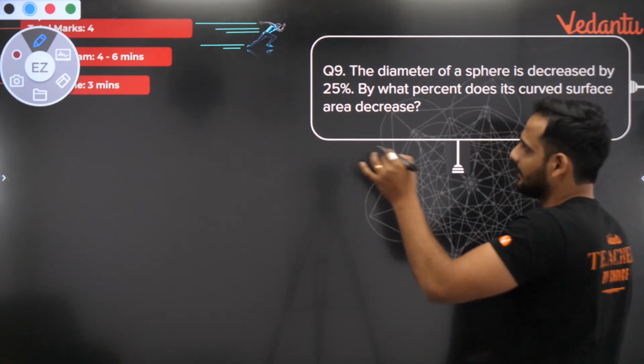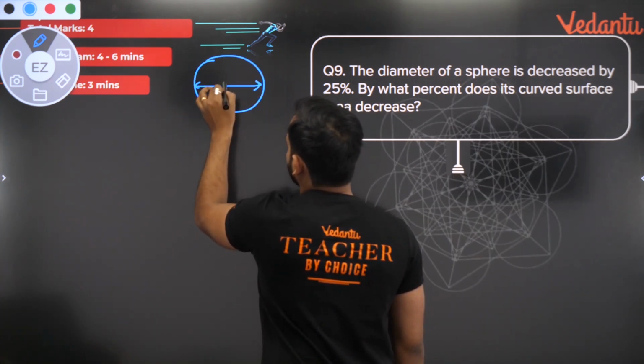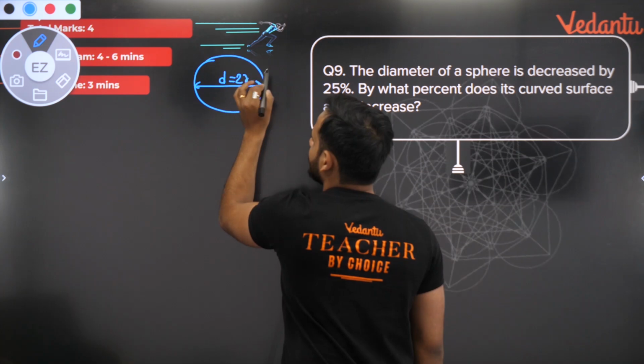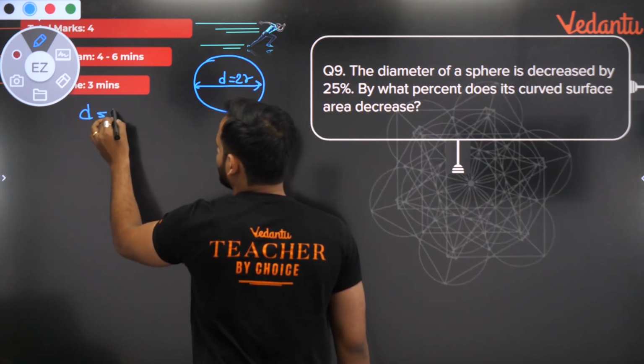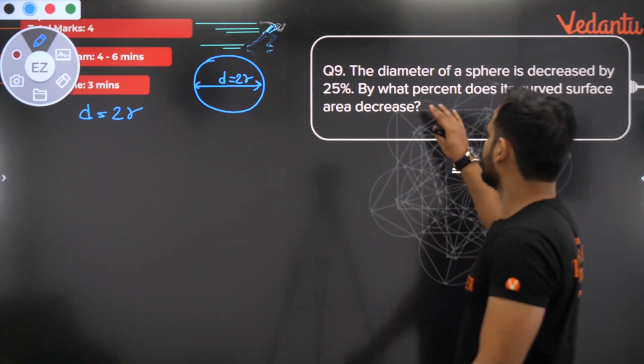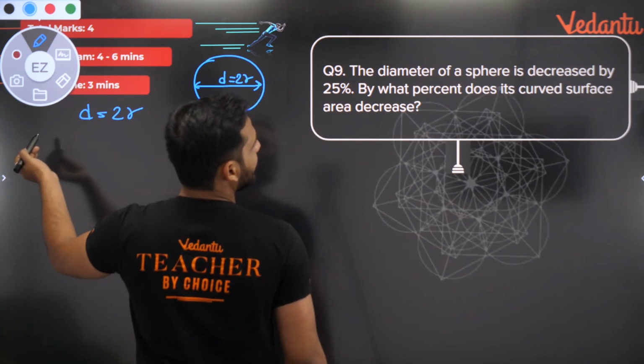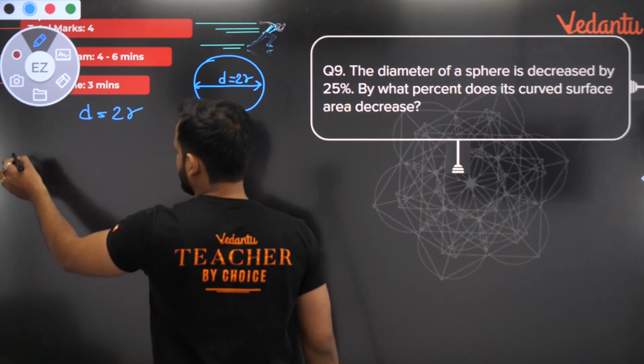Now first thing, let us say there was a sphere whose diameter is d, which is equal to 2 times the radius. So we know diameter is equal to 2r, where r is the radius. We want to compare what? Curved surface area. For a sphere, curved surface area or surface area both are the same thing.